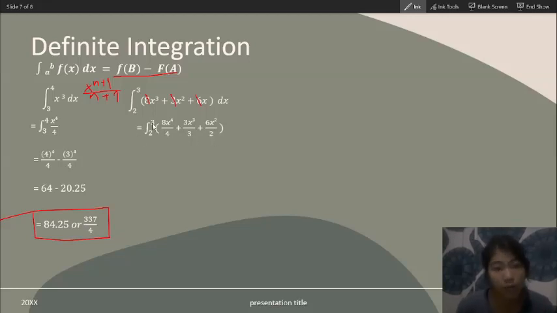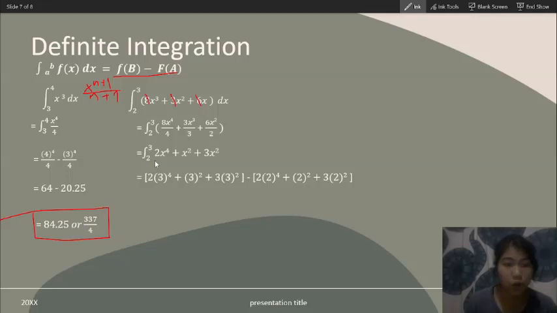Now we can further simplify this since 8 can be divided by 4, 3 can be divided by 3, and 6 can be divided by 2. So the answer will be 2x raised to 4 plus x cubed plus 3x squared. Now we can substitute 3 for the x's that we can see here and 2 as well later on.